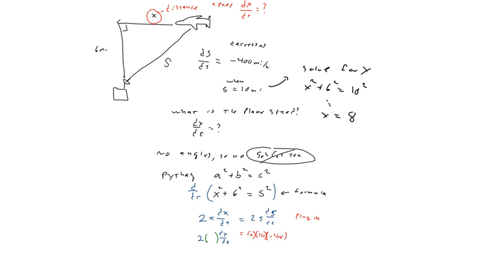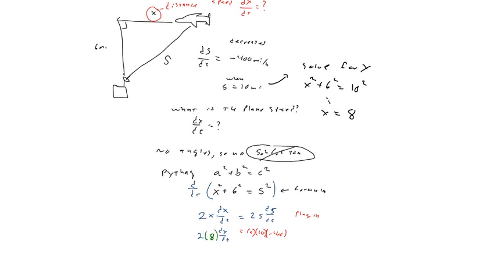So you may have to find some of the hidden information in these problems as you're doing it. You may need to use the Pythagorean theorem one time to find the missing side. Then once you've got that, you can use it in the context of the problem.